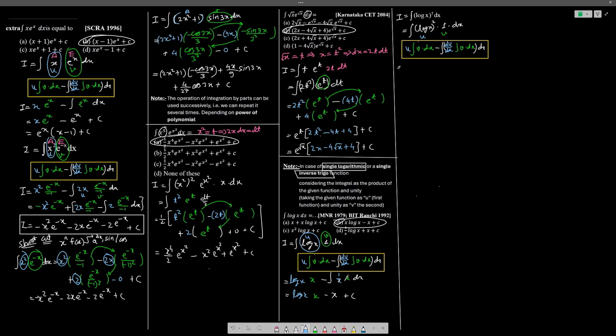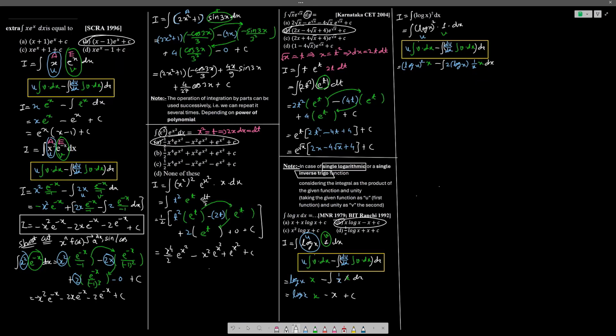In first term, your u is as it is, integration of v, which is x, minus integration of differentiation of u. What will happen? Basically here, what will we get? Box square. So its differentiation will be 2 box into differentiation of box, and integration of v, that will be x dx, right?